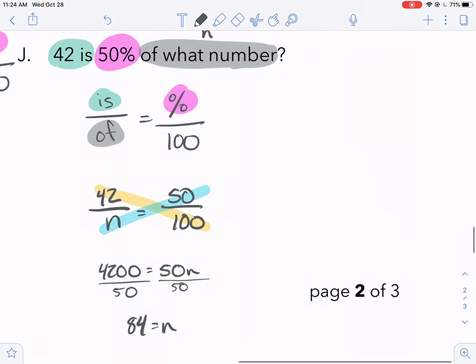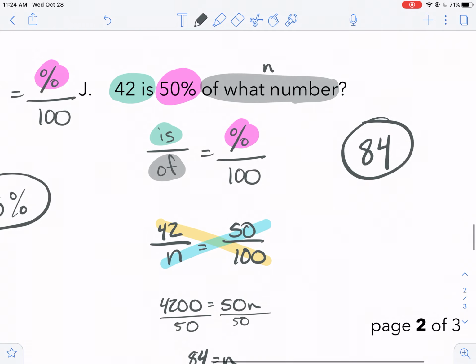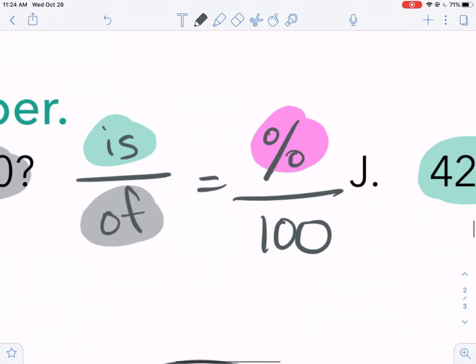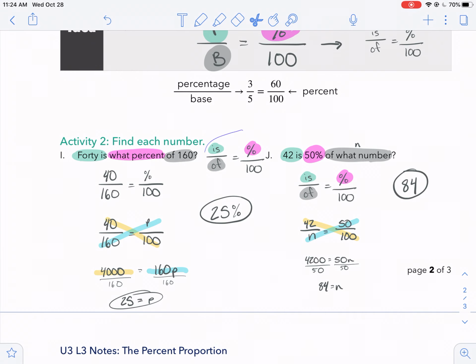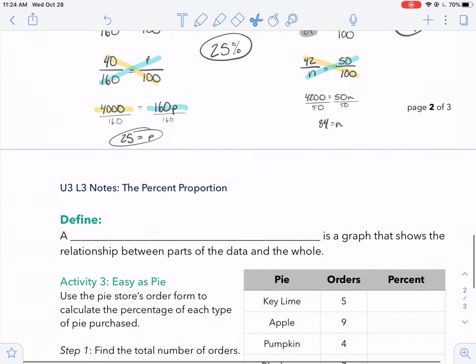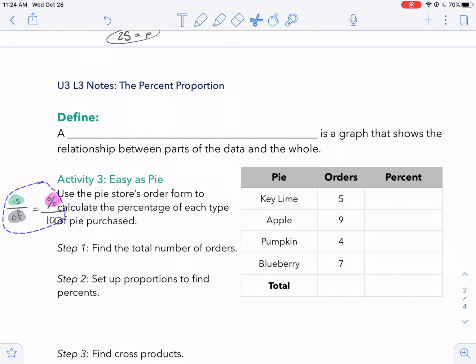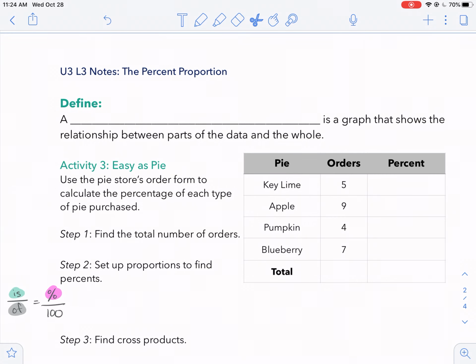So 42 is 50% of 84. How fun is that? Key idea: is over of equals percent over 100. Keep that close and love it. In fact, I'm going to bring it down to our next page as well. This will help us solve proportions.